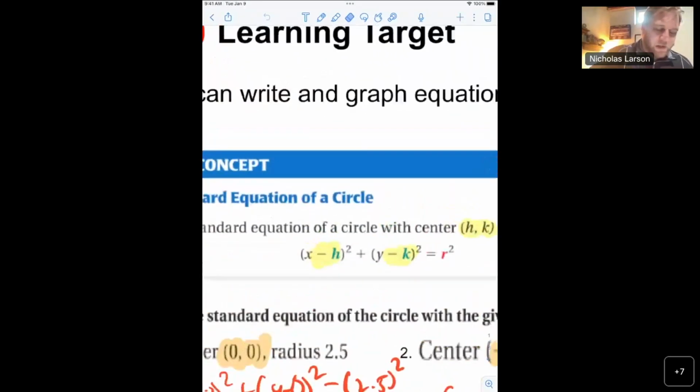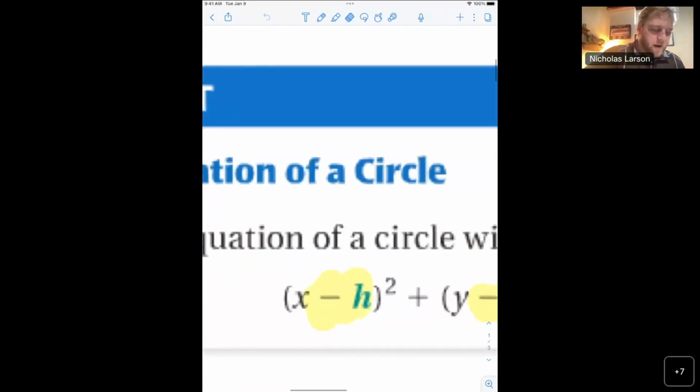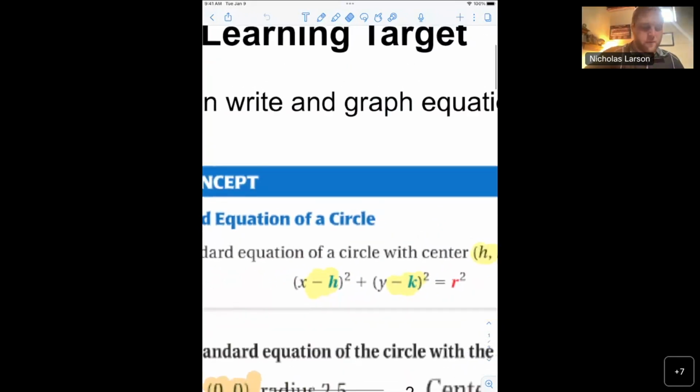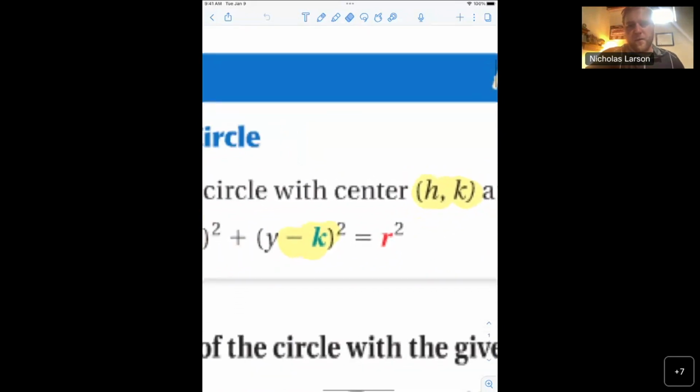And this last equation, make sure you've got written down. It is how we write the standard equation of a circle. So again, if our center is 0, 0, with a radius of 1, we would say x squared plus y squared equals 1. Again, if we move left or right, we call it h. If we move up or down, we call it k. And r stands for the radius.